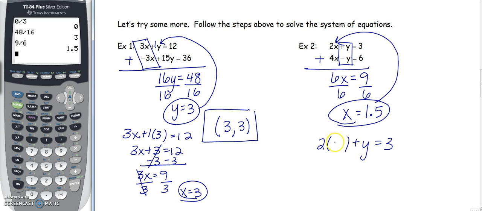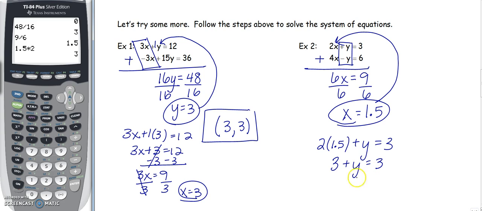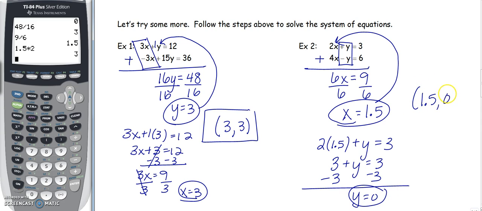And our value is 1.5, so that's what goes here. So if you don't know what 1.5 times 2 is, again, please use your calculator. It helps so much. So we have 3 plus y is equal to 3. If you subtract 3, you have y equals 0. So again, your answer would be 1.5, 0.